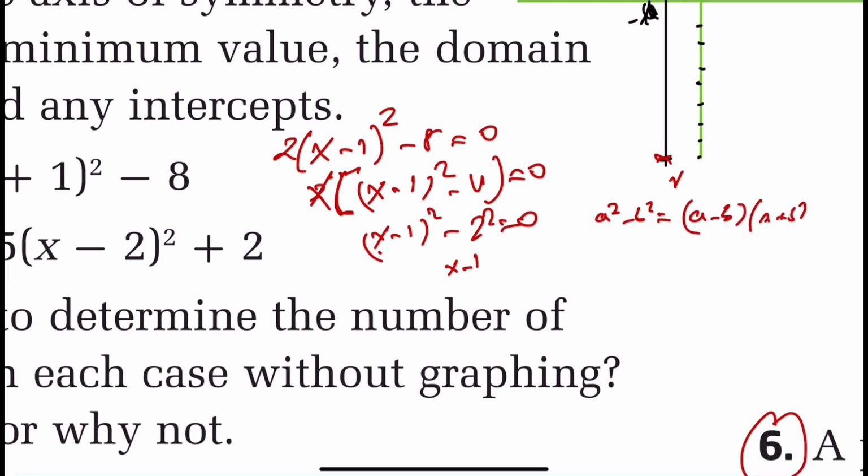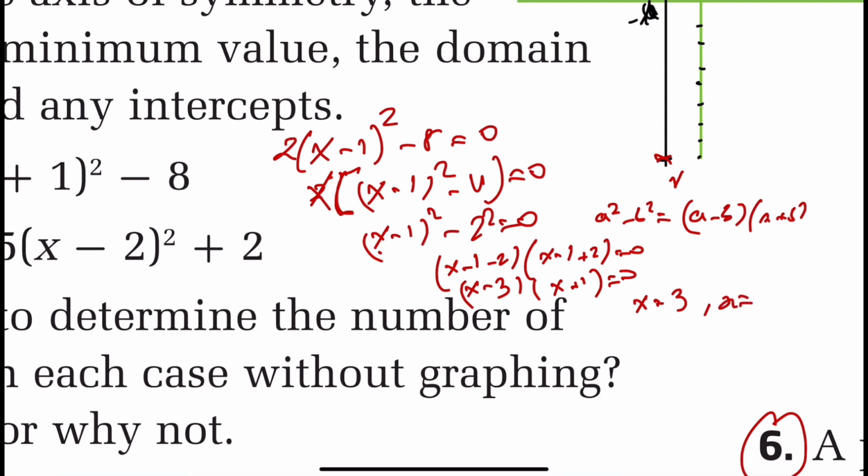This is our a, this is our b, which gives us (x + 1 - 2)(x + 1 + 2). This is (x - 1)(x + 3). Setting this equal to 0, the x-intercepts are x equal to 1 and x equal to -3.